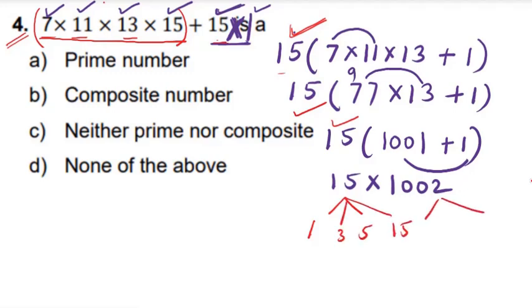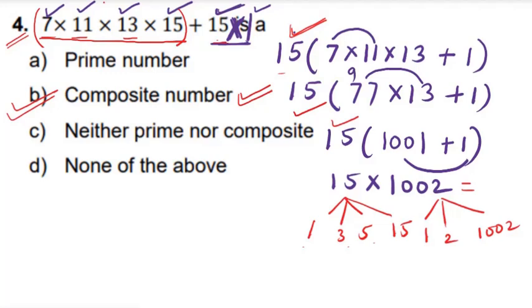This number is also divisible by 1, 2 and 1002 itself. So the product is also divisible by 1, 2, 3, 4, 5, all these numbers. So this number cannot be a prime number, it will be a composite number. So the correct answer is composite number.